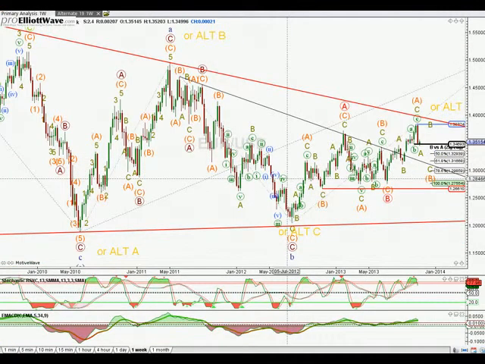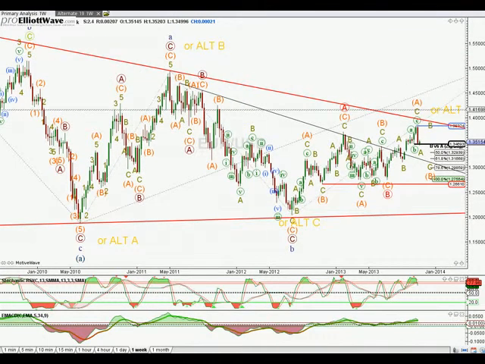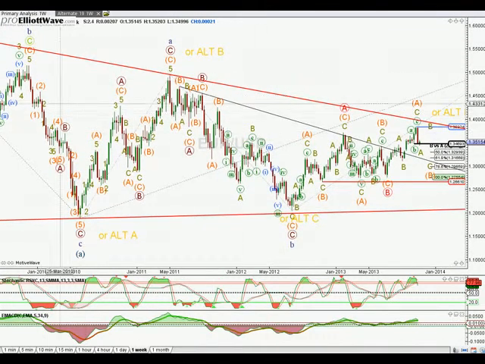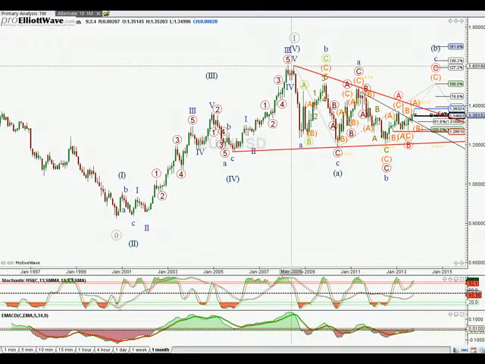Now let's move on to the euro dollar. If we look at the weekly chart, I believe in the bigger picture we are moving in a large A, B, C pattern. Let me move it to the monthly so you see the bigger picture as I'm talking about.